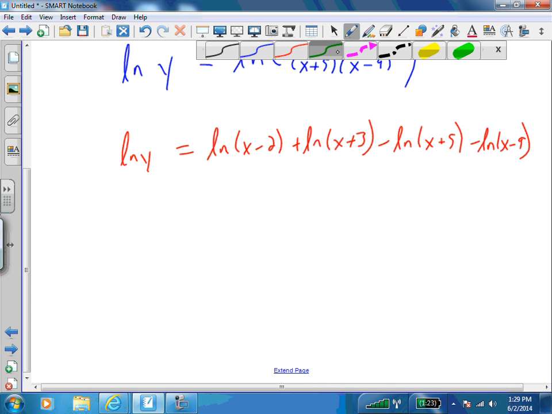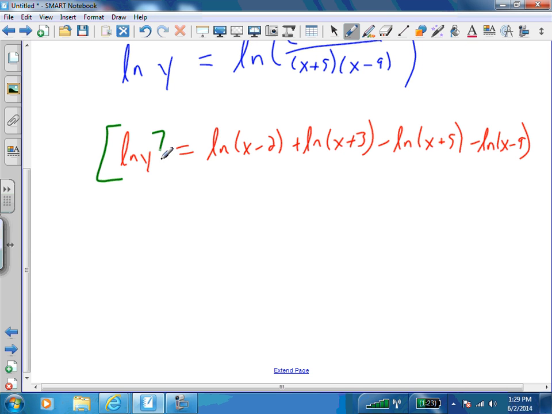Now, everything that we have here is a fairly simple derivative. So we can take the derivative of both sides. On the left side, what is the derivative of natural log y if our variable of our derivative is x?